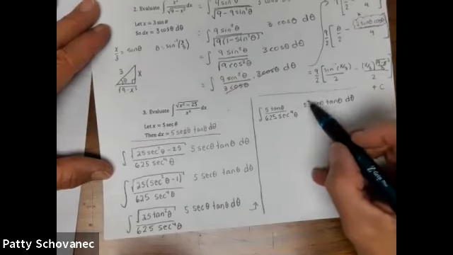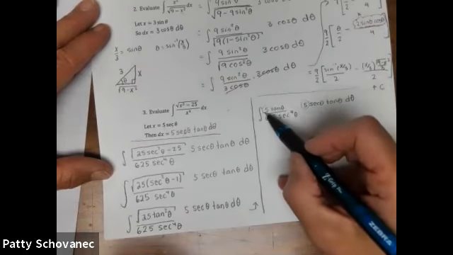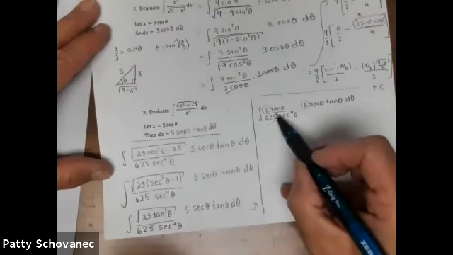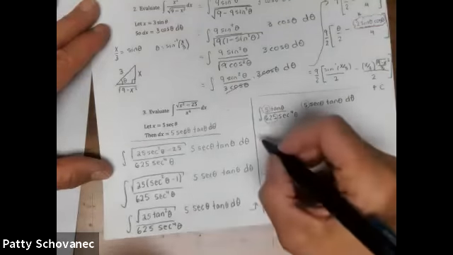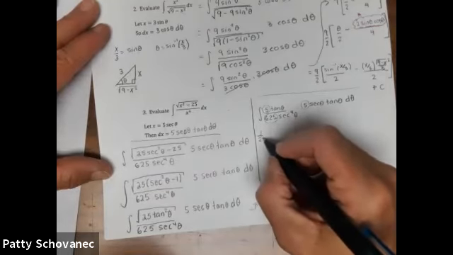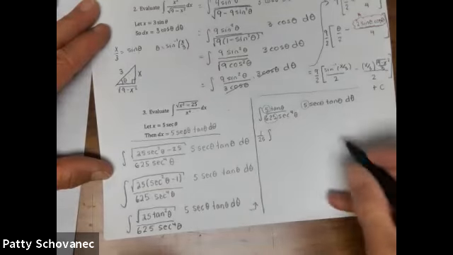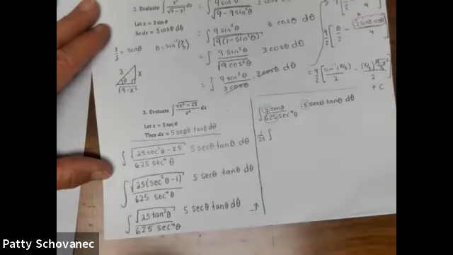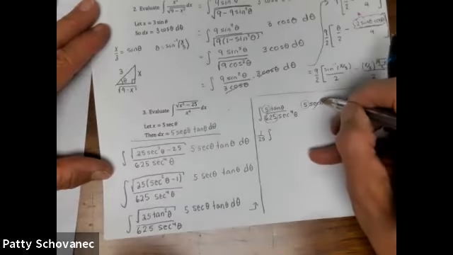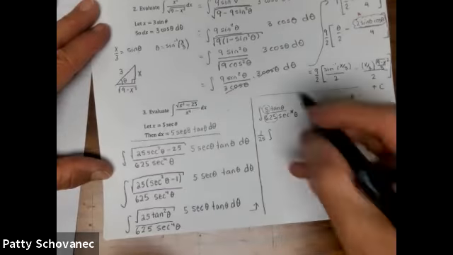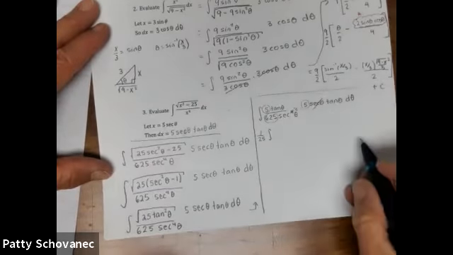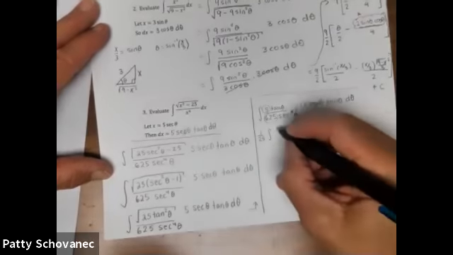So let's collect our numbers. 5 times 5 is 25. 25 goes into 625 25 times. Pull that way out front. One of these secants cancels with one of these. So now I'm down to the third power here, and a tangent squared on top.